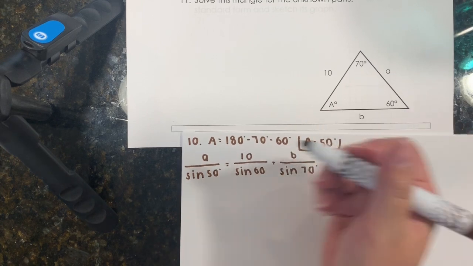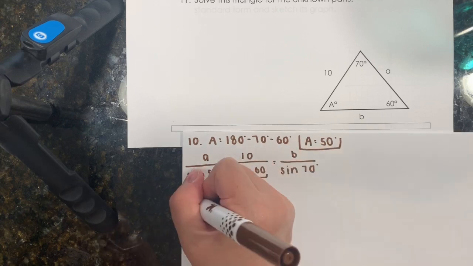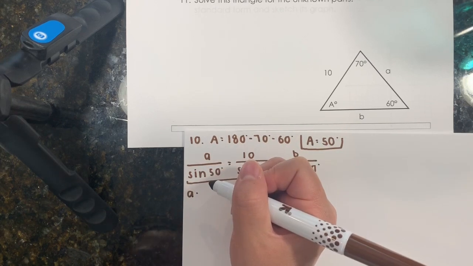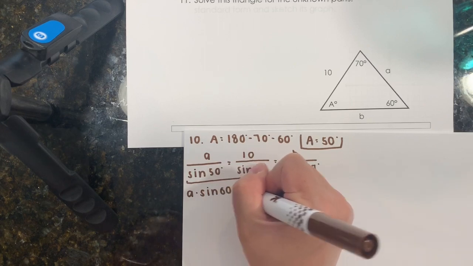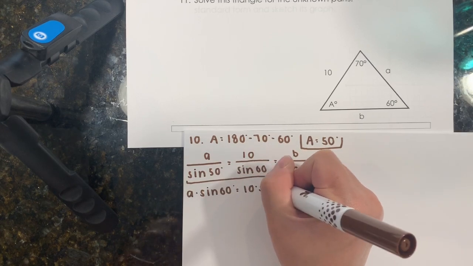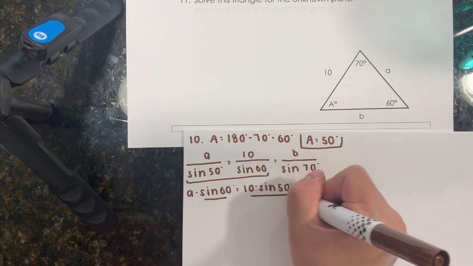So I'm going to start by cross multiplying my first two, which would be A times sine of 60 equals 10 times sine of 50, and divide it by the sine of 60.